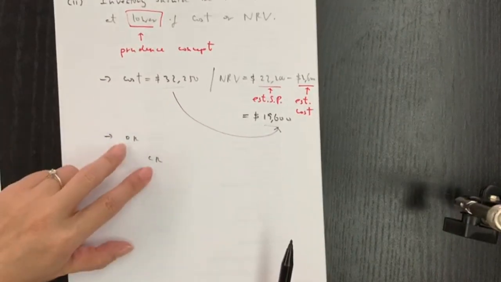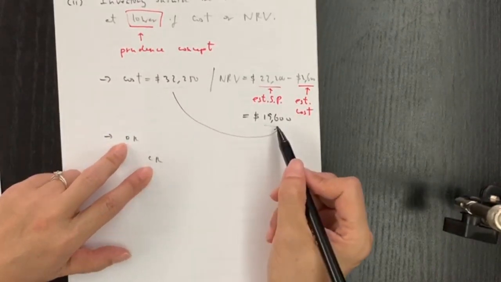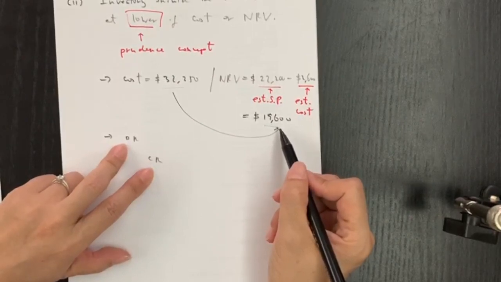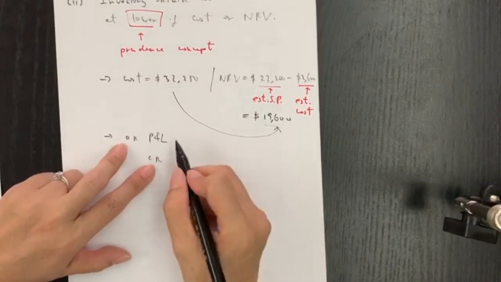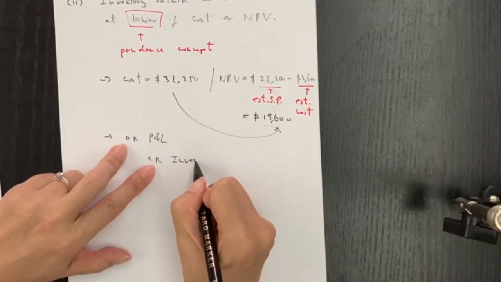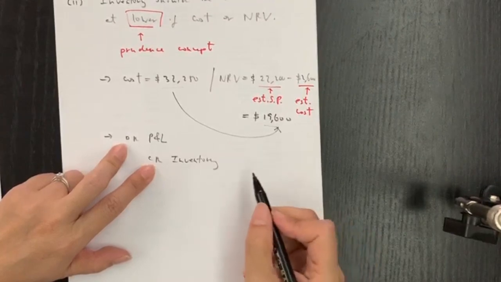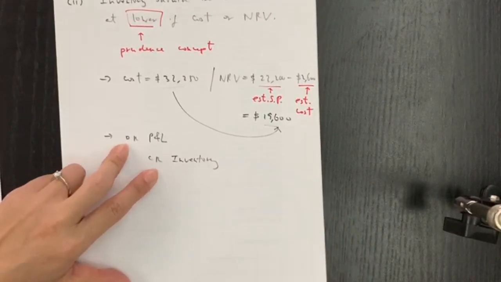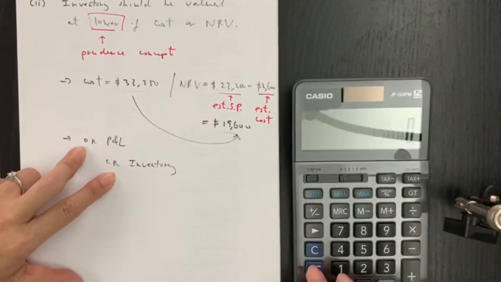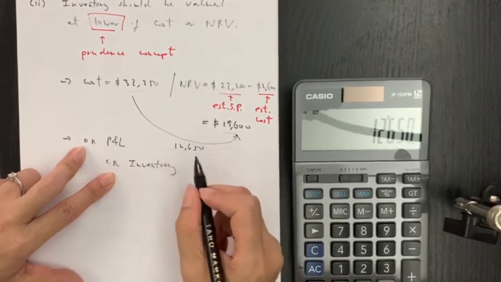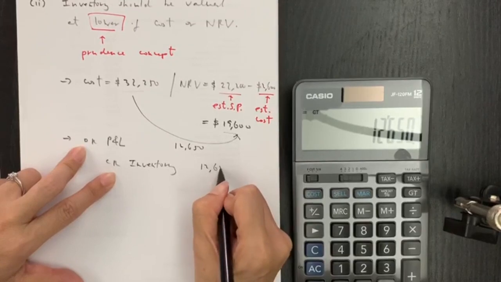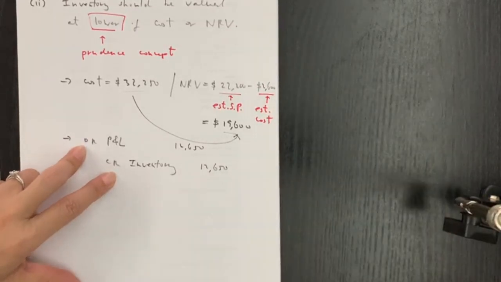So this is not a good thing. We suffer because we cannot sell this at a profit. So therefore, this is a bad thing. We debit profit and loss account, and then reduce inventory back down to net realizable value by the change, and the change is 32,250 minus 19,600, which is 12,650.